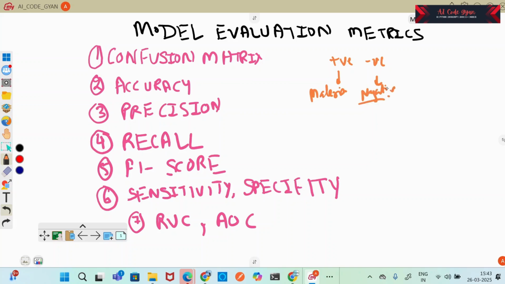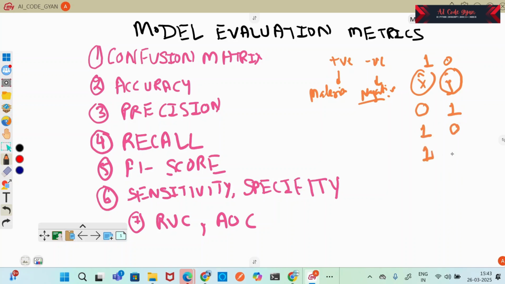Suppose we take positive as 1 and negative as 0. Suppose we have the predicted data set as X and actual results as Y. Suppose we predict 0, a negative, and it is actually 1. We predict a positive and it is actually 0.